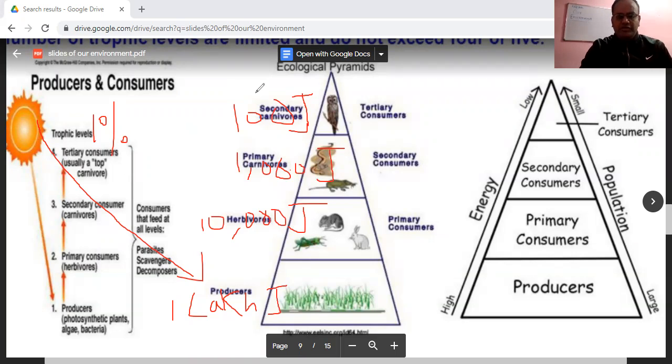Why is energy lost? At each trophic level, you are saying that the energy loss is occurring. Who is responsible for the loss of this energy at each trophic level? Or into which physiological process is this loss of energy taking place?